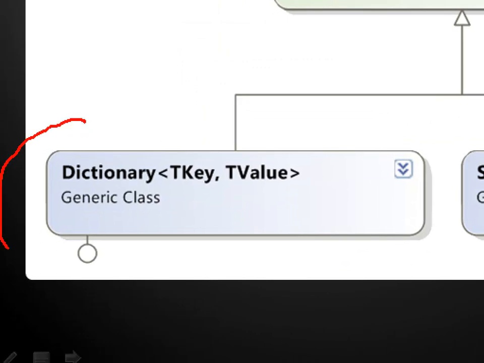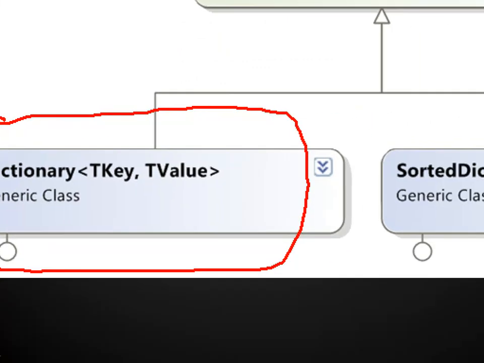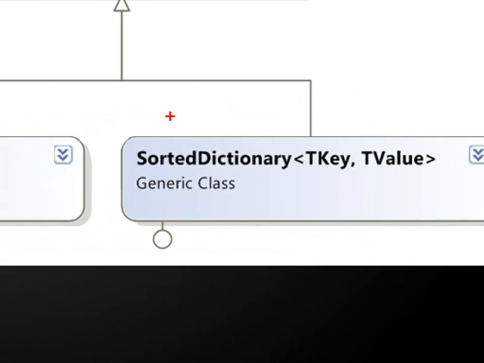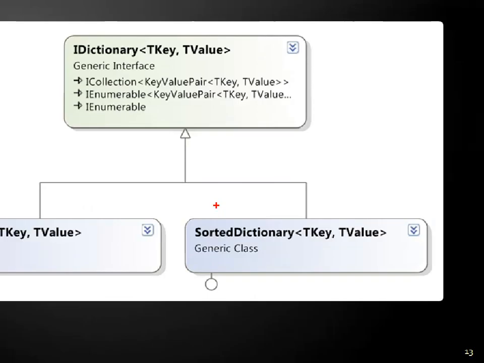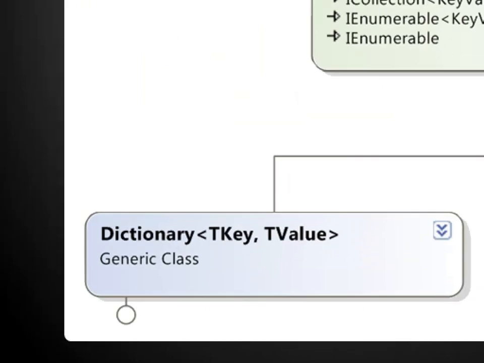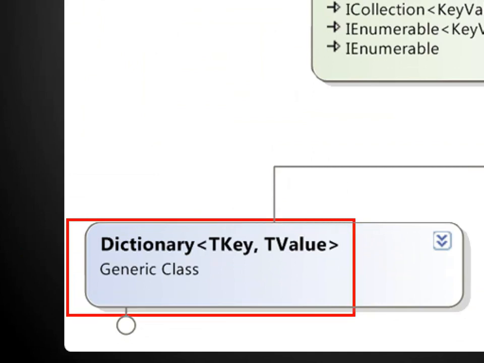The dictionary is what you use most of the time. The other thing you can use is a sorted dictionary. What's a sorted dictionary? Well, a sorted dictionary basically orders its keys, meaning that the first key, for example, alphabetically, will be first, then the second will be second, etc. In the normal dictionary, this isn't obligatory.